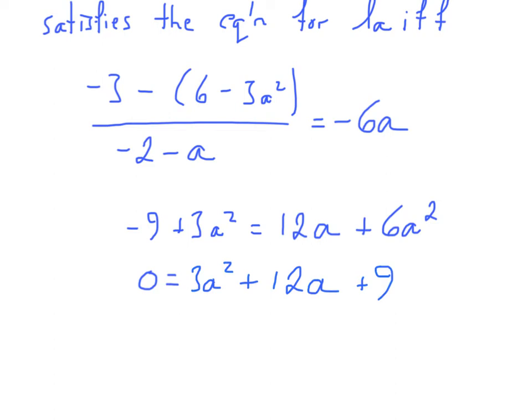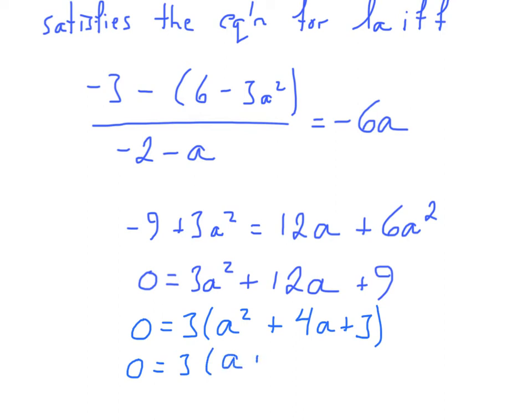First thing we notice is maybe that we can factor out a 3. So this is true when 0 is equal to 3 times (a squared plus 4a plus 3). And this we can further factor as 3 times (a plus 1) times (a plus 3), and so we're solving for when 3(a + 1)(a + 3) is 0.